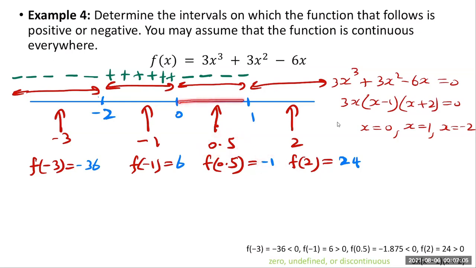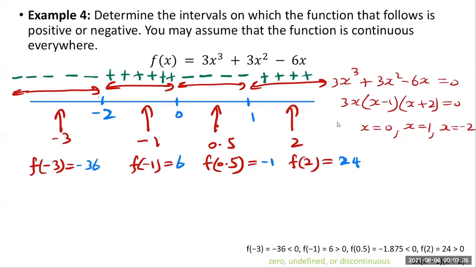So for all the x values in this interval, your y value has to be negative. Why? Because your function cannot change the sign except at these points. If your y value is negative for one x value in this interval, then on that entire interval your y value has to be negative. Similarly, here you have positive.